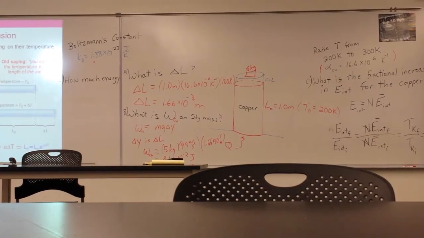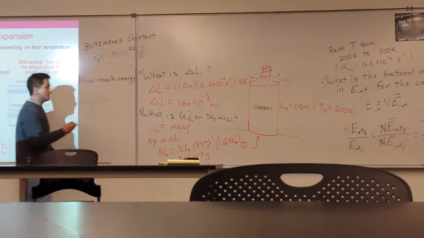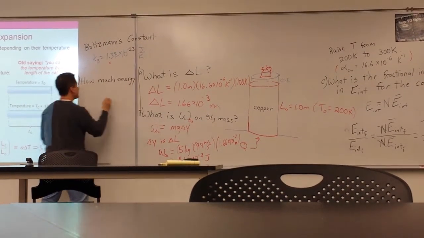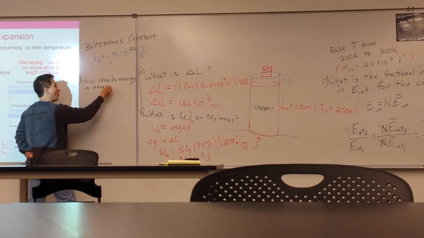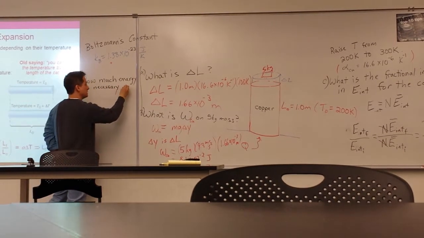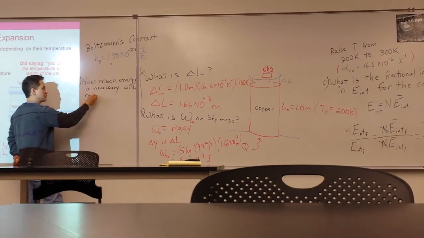Nothing fancy here. It's purely based on what we've been doing, even though it doesn't always seem obvious. So how much energy is necessary, or if you will, associated with raising the temperature?